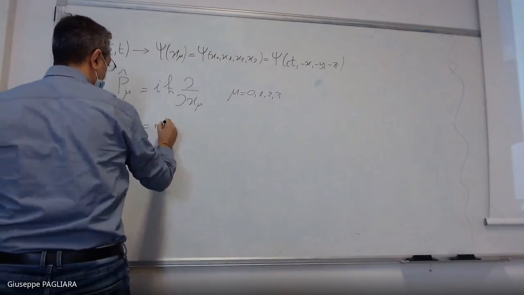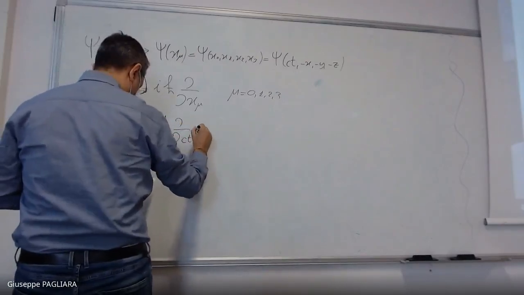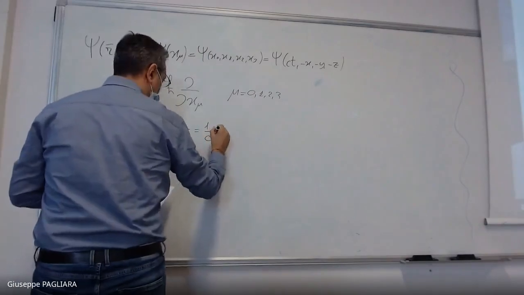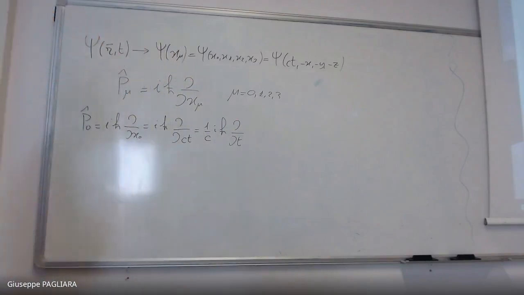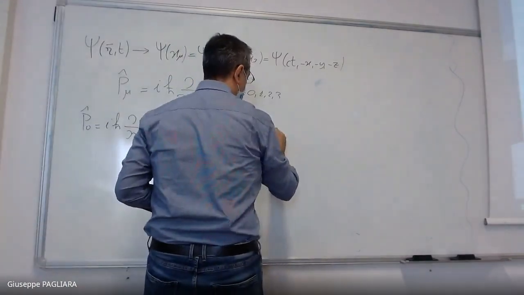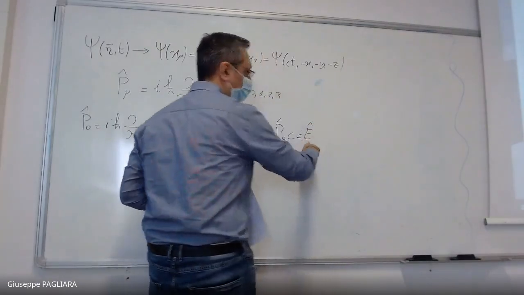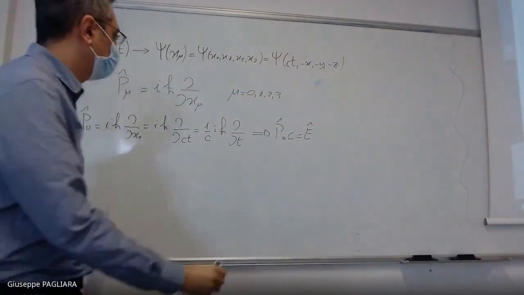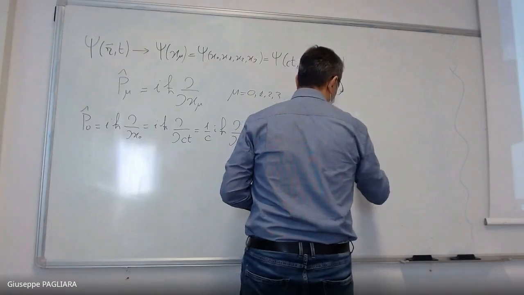So this is iħ ∂/∂(ct), or (1/c) iħ ∂/∂t. Now we can multiply by c. So P^0 times c, which is nothing less than the energy operator, is just the usual one: E = iħ ∂/∂t.